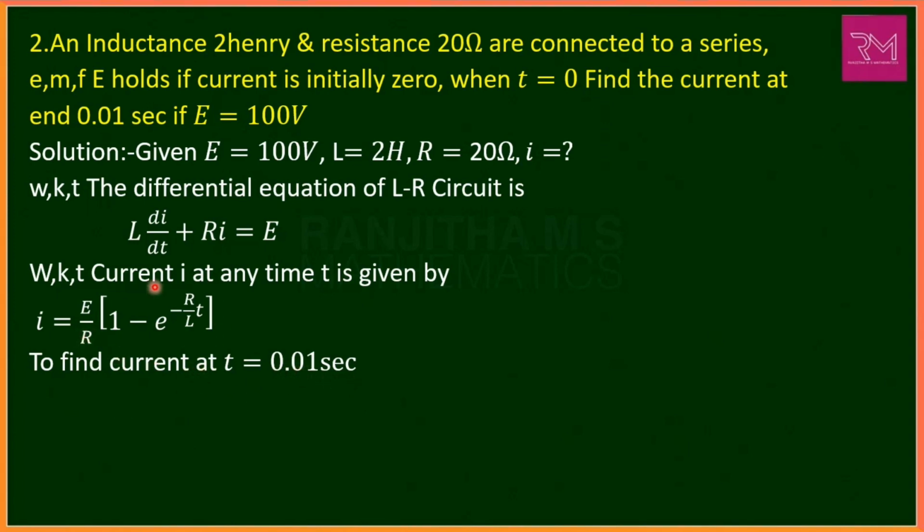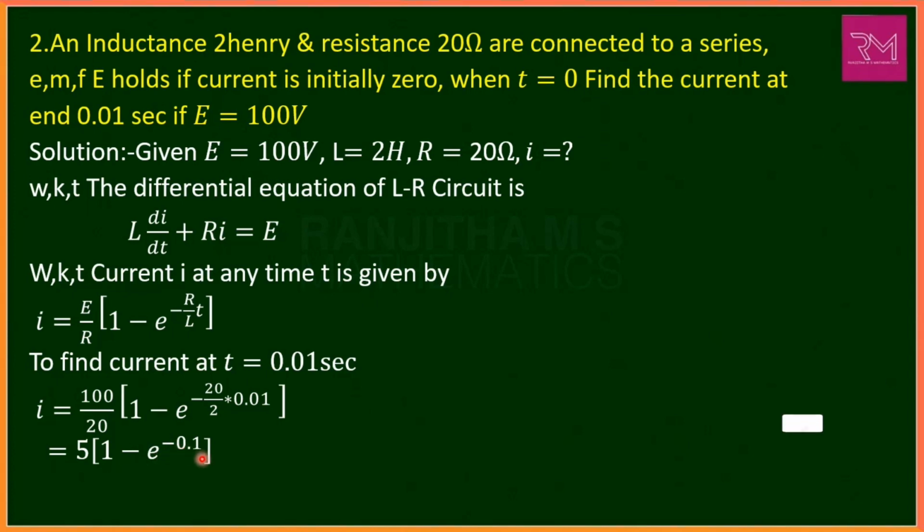Substituting all the values here we get I is equal to, here E is 100 divided by R is 20 ohms into 1 minus exponential power of minus R is 20 divided by L is 2 into, in the place of t we substitute 0.01. Here 0 0 cancel, 2 1s are 2, 5 2s are 10, therefore I is 5 into 1 minus exponential power of minus, 10 into 0.01, which is 0.1, that is exponential power of minus 0.1.